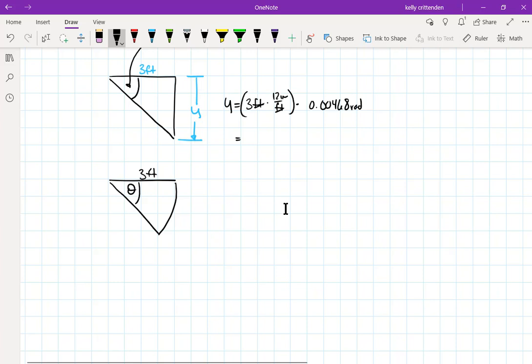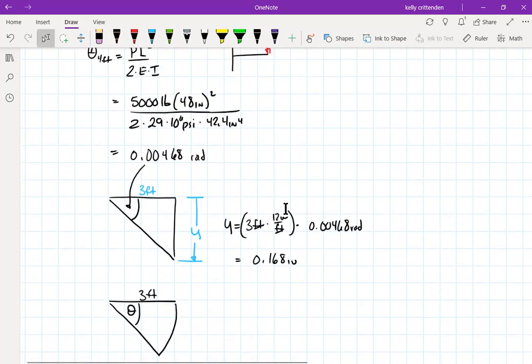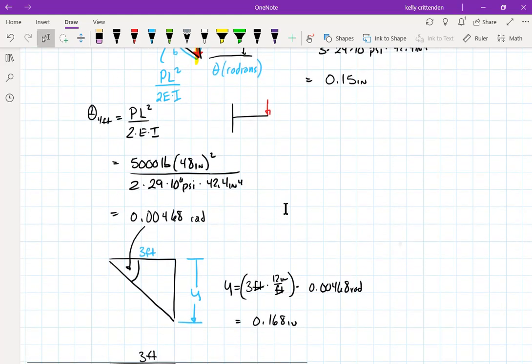So let's see, 3 times 12 times 0.00468 is 0.168 inches. And that's on the same scale as what we had for the other piece, 0.158.